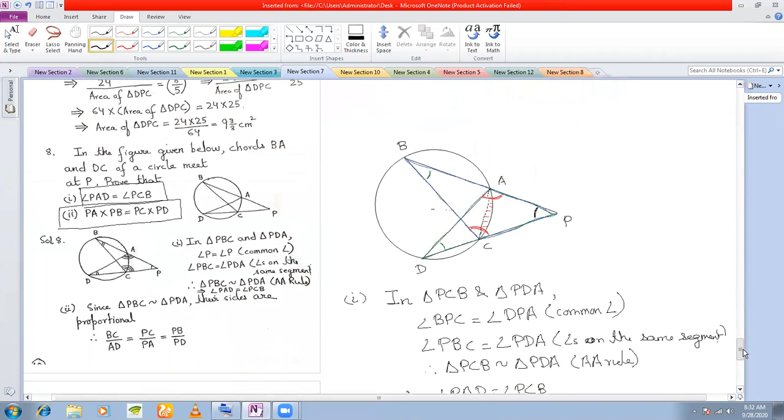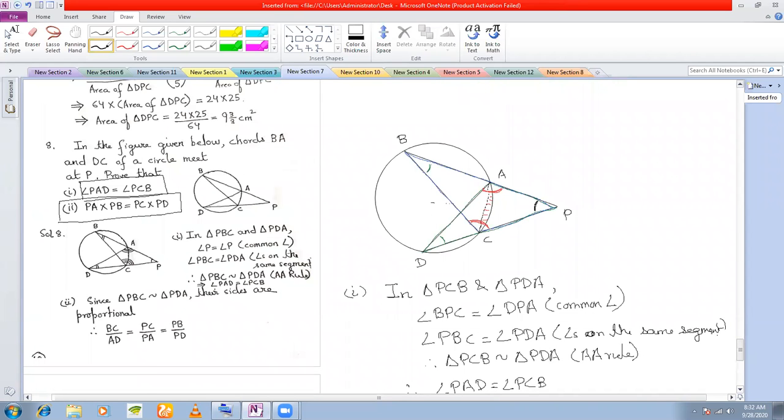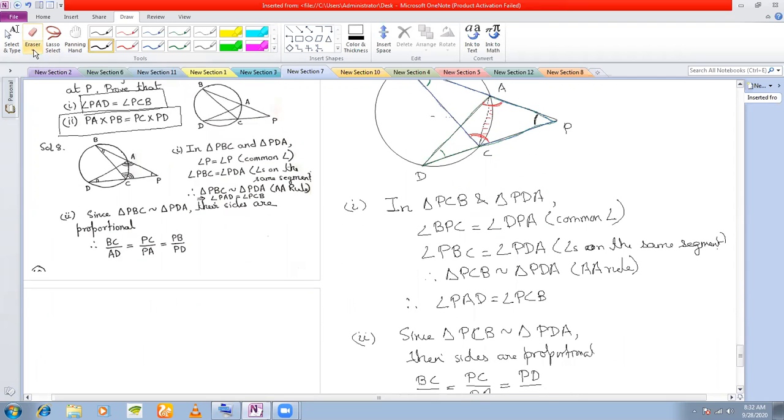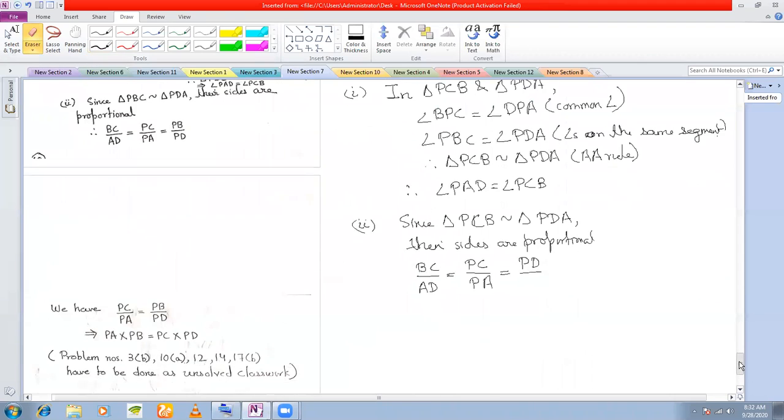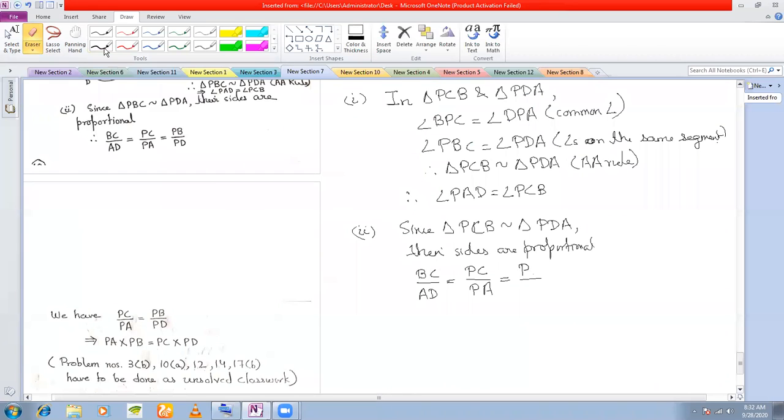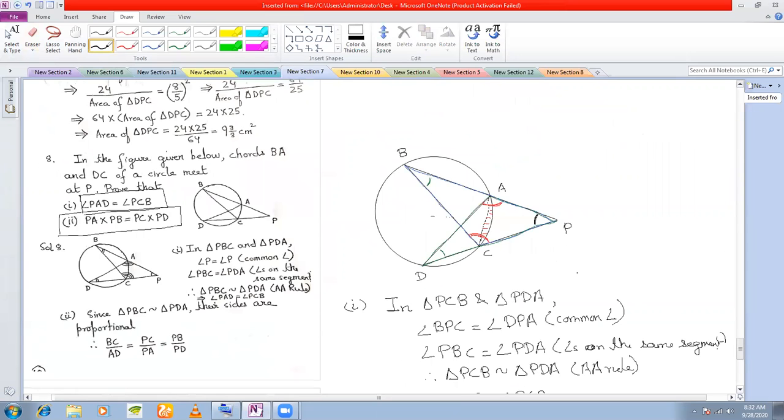In triangle PCB, opposite to your red angle is the side PB, sorry, not PD. My mistake. I repeat once again: in the blue triangle you have the red angle.